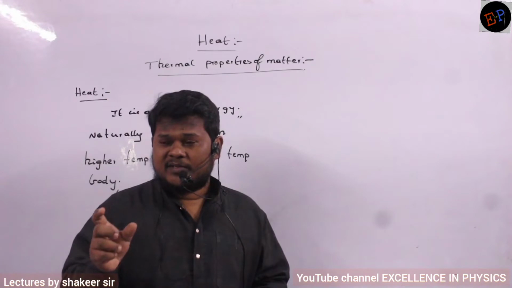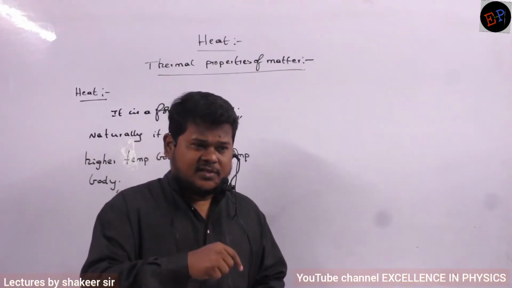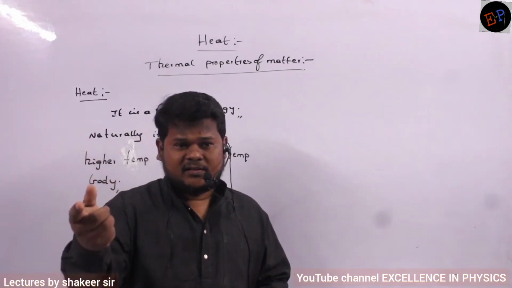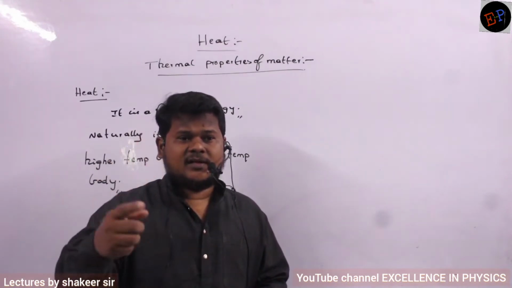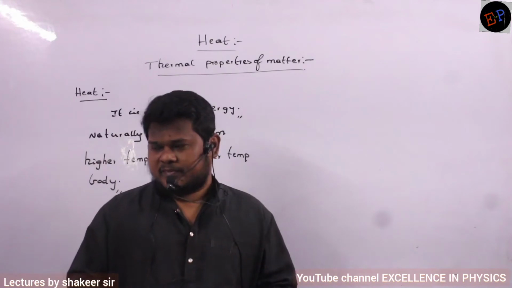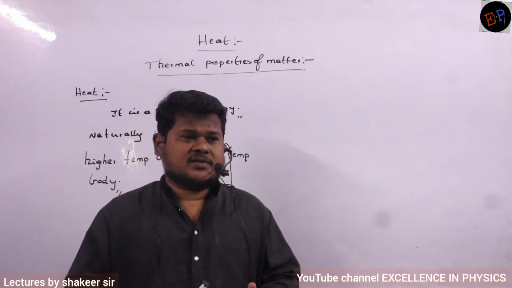It means temperature is lesser inside the refrigerator and greater in the surroundings, but still we are taking heat energy from inside the refrigerator and continuously giving it to the surroundings. So this is called a reverse heat engine.